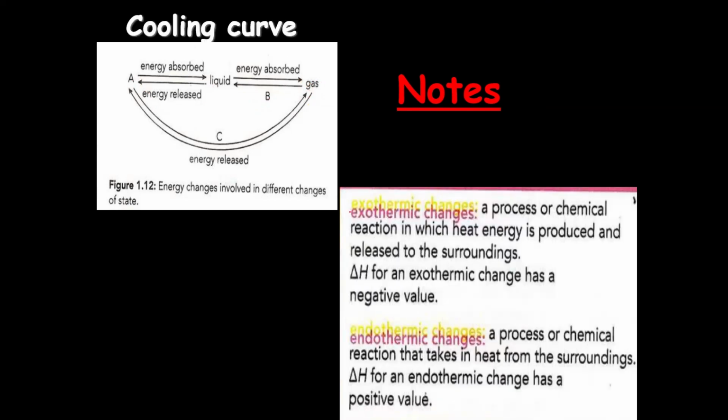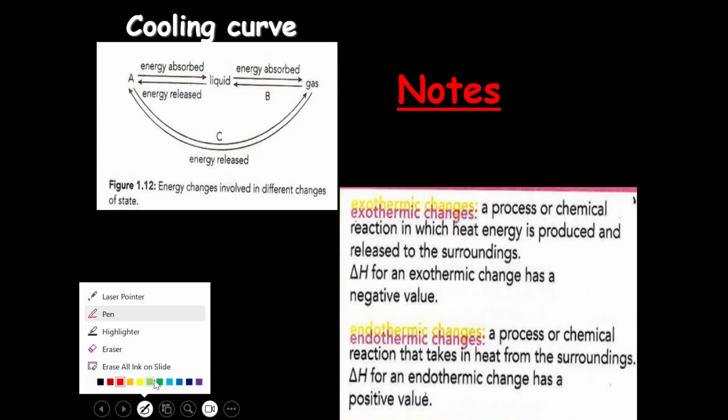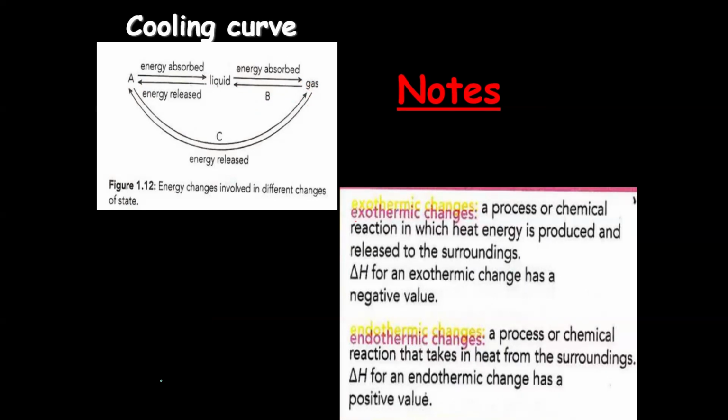Here we will come up with what are called exothermic and endothermic changes. Exothermic. So the word thermic comes from thermal, or something related to heating, or temperature.